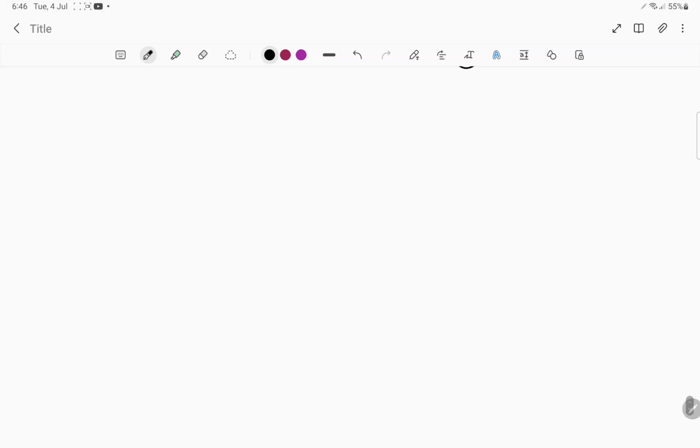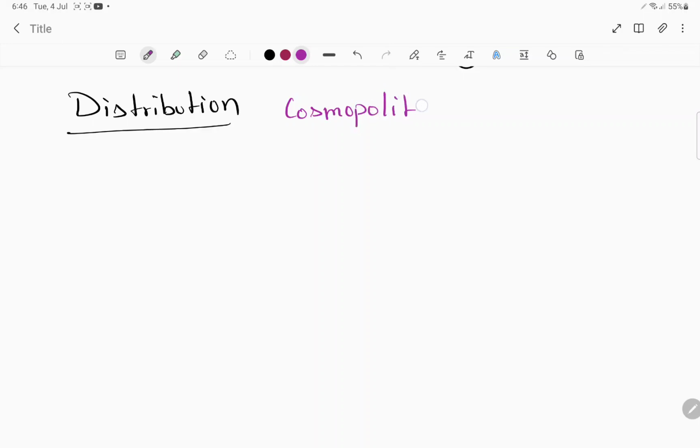So coming to the next thing, distribution. They are ubiquitous or cosmopolitan. They are found in air, soil and water.